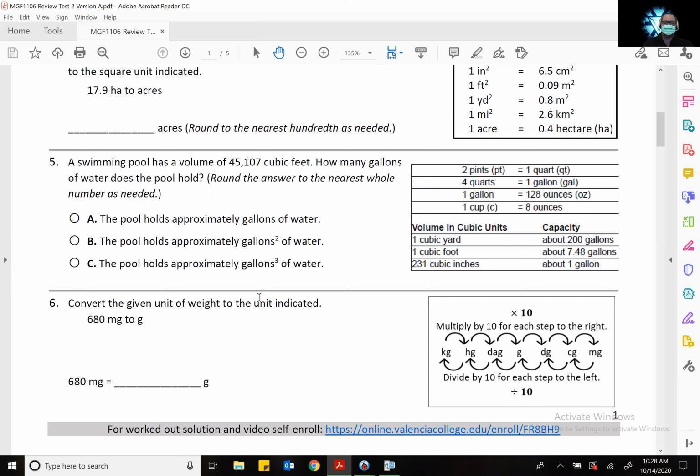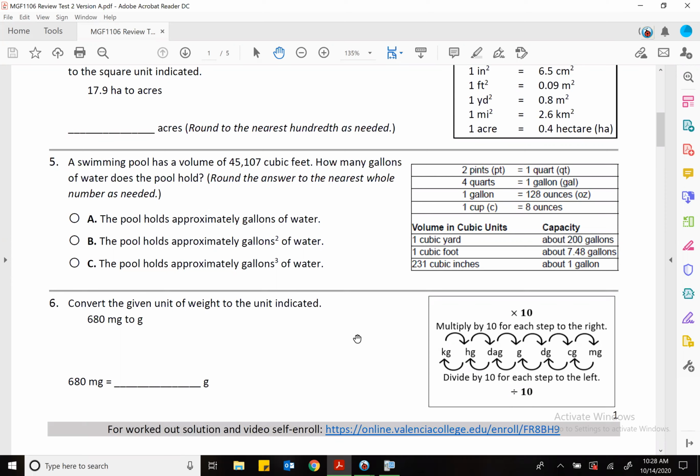Right away we can answer the label question. They say we want gallons, so which label are we going to choose? Not cubic, not square, just the regular gallons.